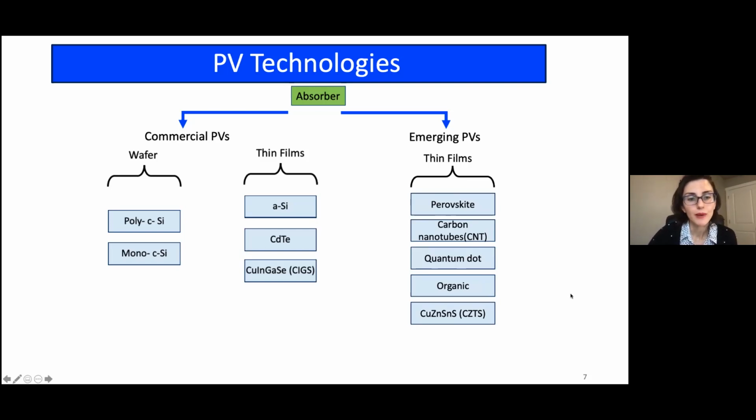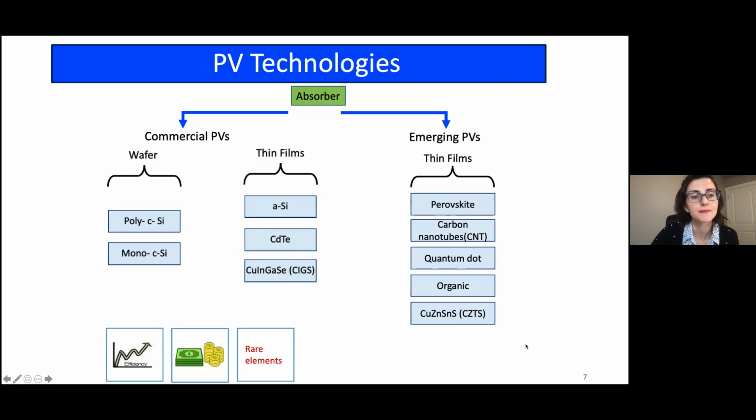So what do we know about the overall view of these technologies? Well, these commercial PV technologies are efficient, they are a little bit costly, and some of those thin film technologies, especially tellurium in CdTe or gallium and indium in CIGS technologies, contain certain rare elements.